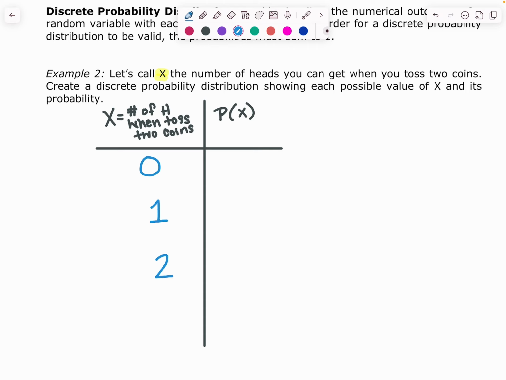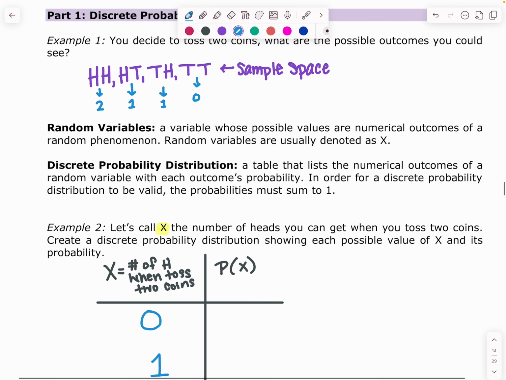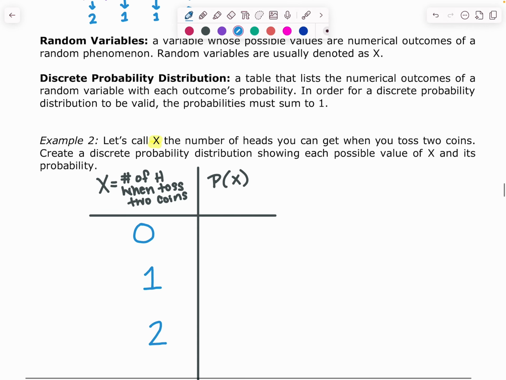Now I want to find the probability of that. So again, I'm going to come back up here. I had 4 possible outcomes in my sample space, and one of those 4 outcomes resulted in 0 heads. So the probability of 0 heads was 1 out of 4, 0.25.